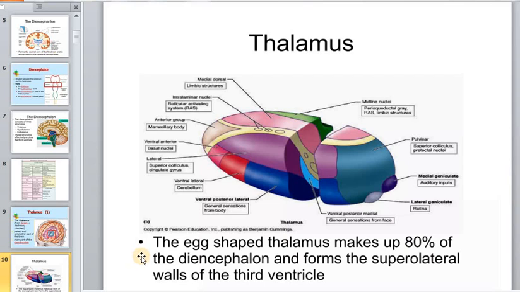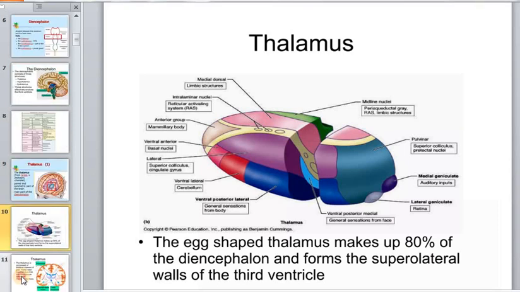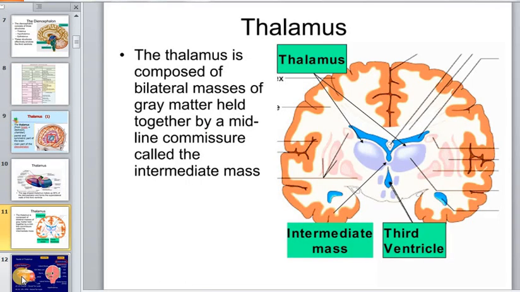The X-shaped thalamus makes up 80% of the diencephalon, as I said, and forms the superolateral walls of the third ventricle. Here we see this part, blue colored, and the thalamus is composed of bilateral masses of gray matter held together by a midline commissure called the interthalamic adhesion.